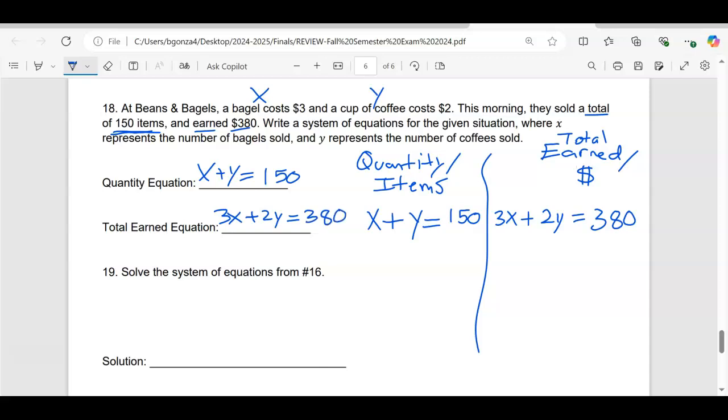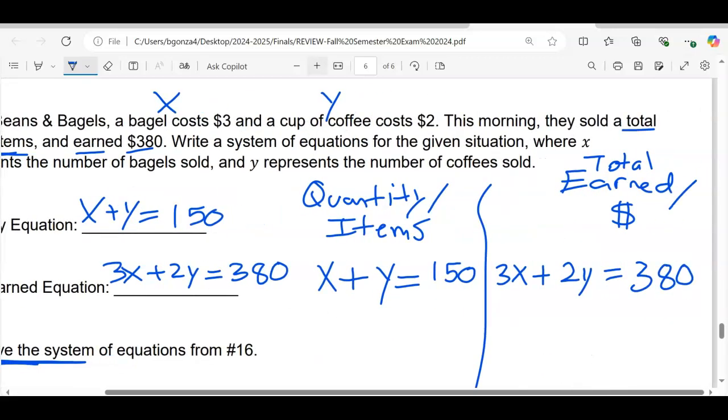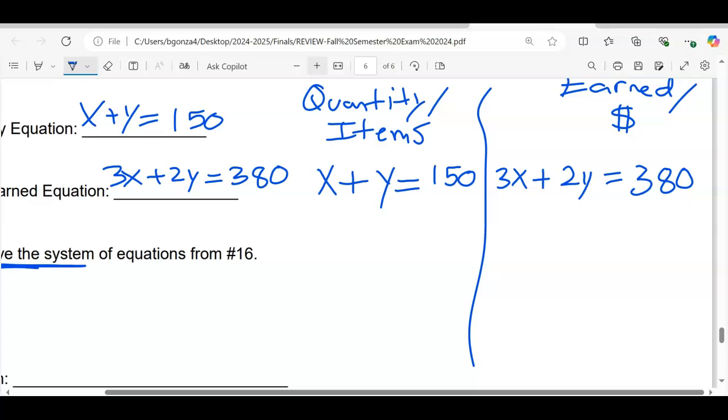Now, to solve that system, you have to be able to solve each equation for y. So let's do it. Zoom in a little bit if I can. Okay. Remember, when you're solving for y, you have to move over the x, and since it is positive, we're going to subtract x here, subtract x here, and it's going to go in front, because remember, mx goes in front of b, so negative x plus 150 is our equation, and then we're going to do the same thing over here.